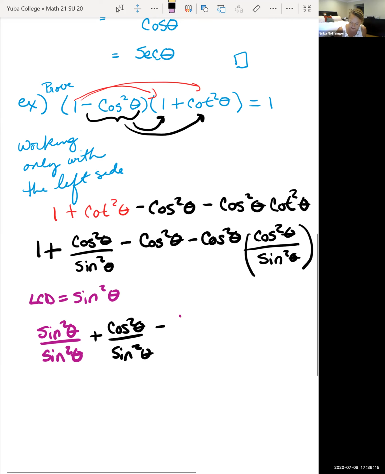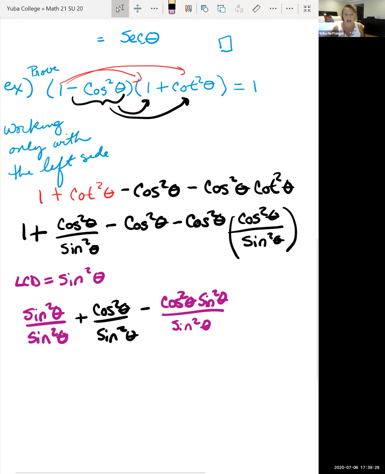So we have cosine squared theta sine squared theta all over sine squared theta. And this already has our common denominator, but let's multiply cosine squared times cosine squared, so that's cosine to the 4th theta over sine squared theta.